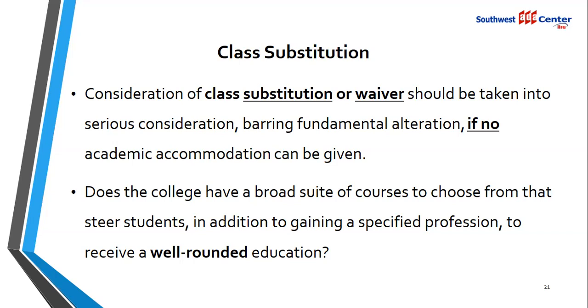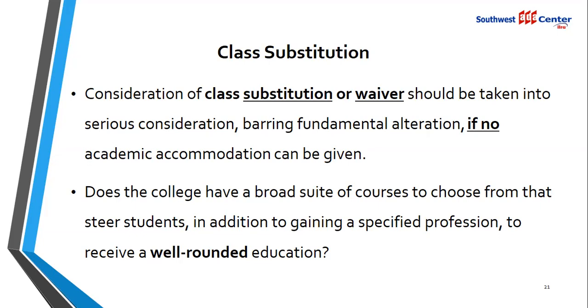So the idea of a college, a university, denying a student a journalism degree because the student has learning disabilities that manifest in mathematics, and denying that student that degree because the student cannot pass a mathematics class, that is something to be challenged and thought through very thoroughly.